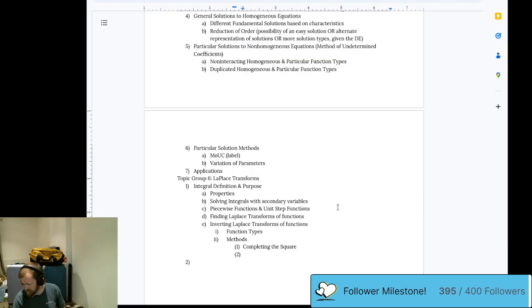And fractional decomposition. What do we call that? Partial fraction decomposition. There we go. Remember that from Calc 2? Woo!